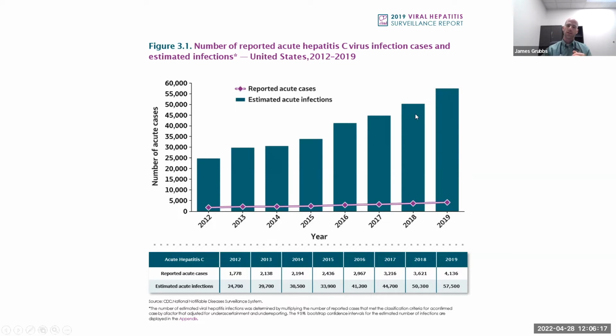So this would be an underestimate of the actual number of new infections of hepatitis C that are happening. But even though this is an underestimate, we still see trends where it's been increasing over time in this time frame from 2012 to 2019, and that doesn't seem to have slowed over the past 3 years either.